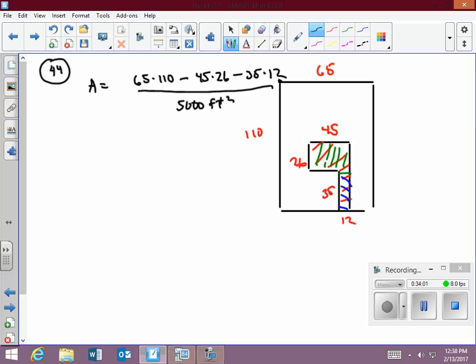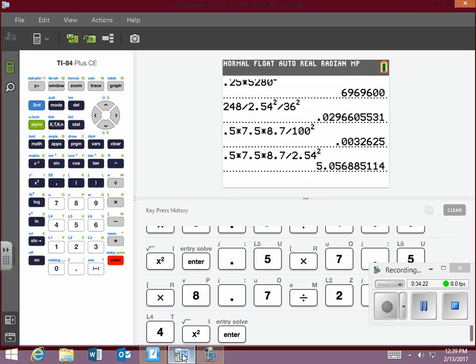This would be bags. So we could just do the whole thing all at once. One bag would be enough.